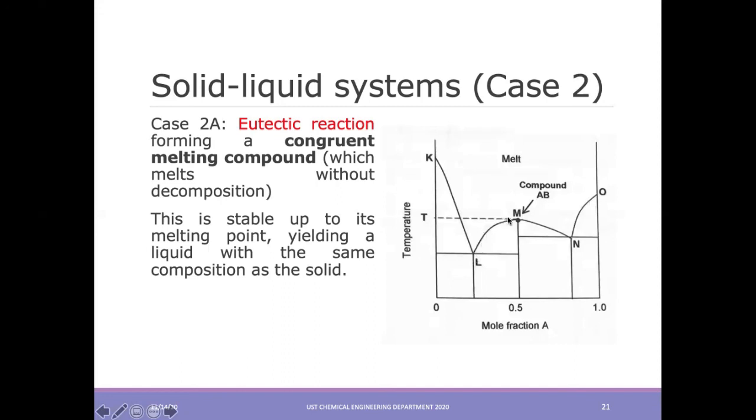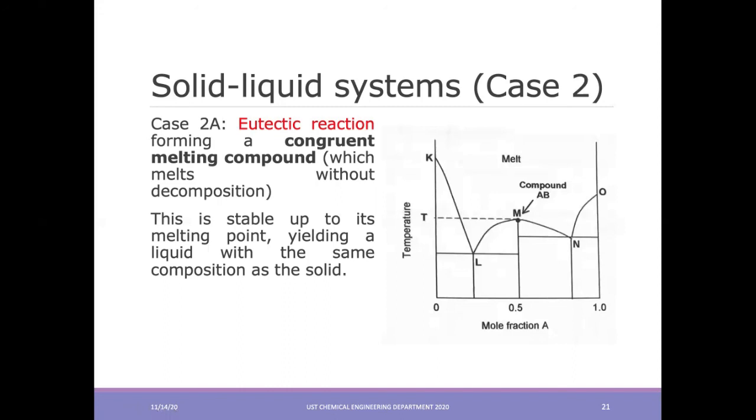And then curves LM and MN are saturated solutions of AB. The area above the curves, above the high temperature, corresponds to unsaturated solutions or melt.